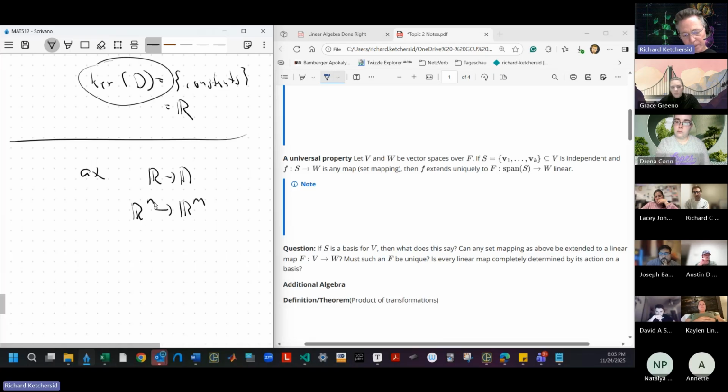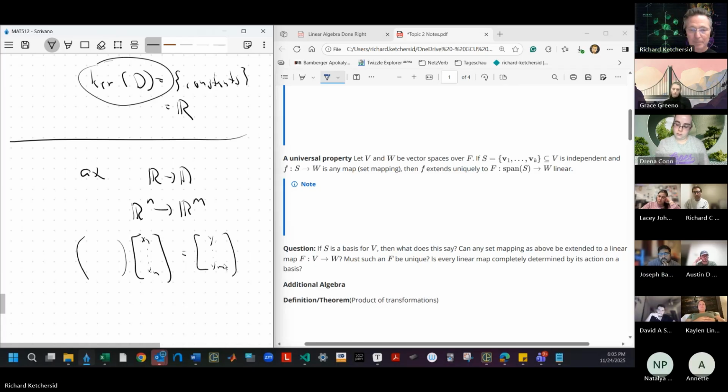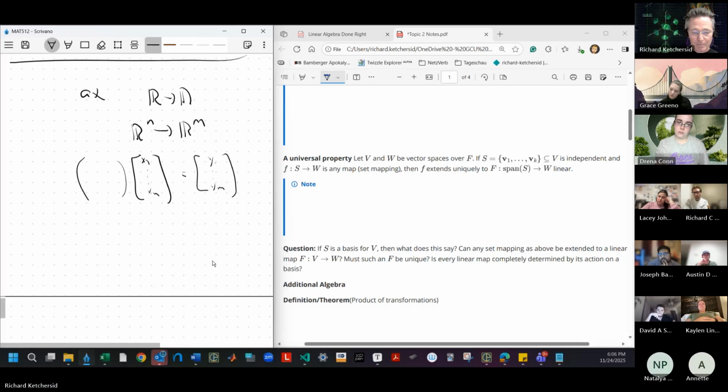So what can I multiply something in Rn by, and get something in Rm? This is like a classical vector in Rn, and a classical vector in Rm.